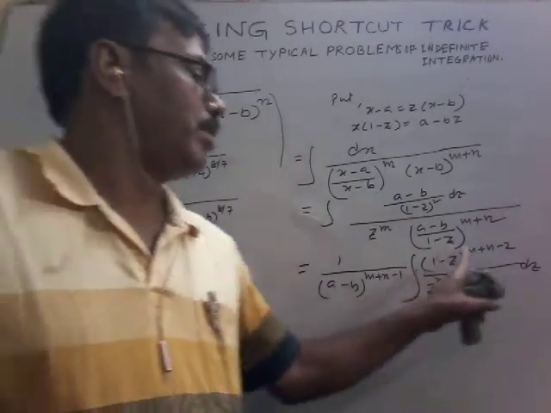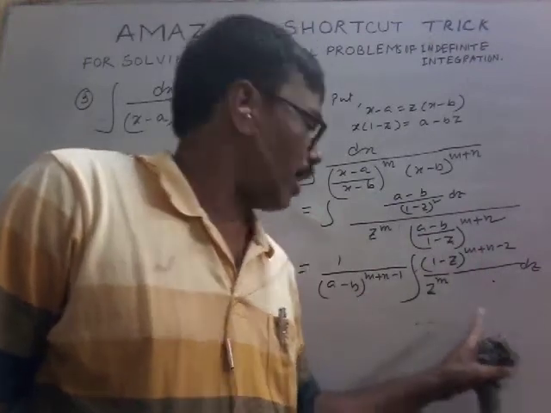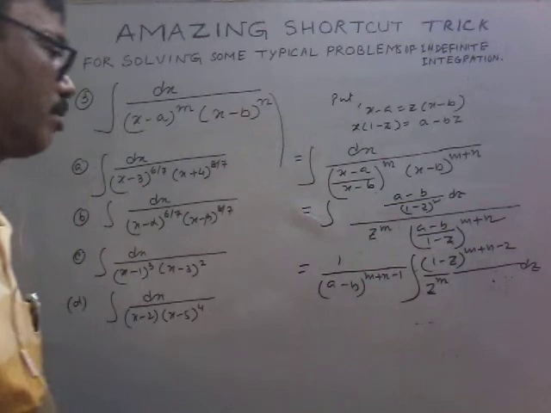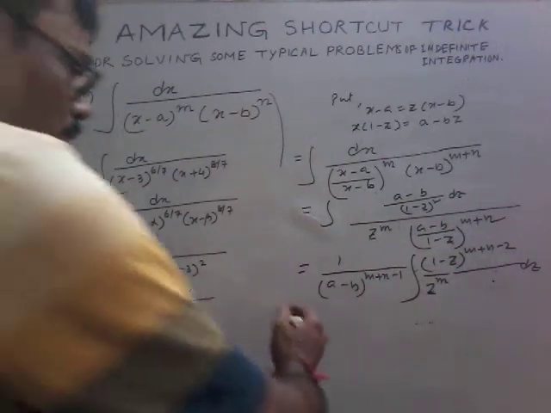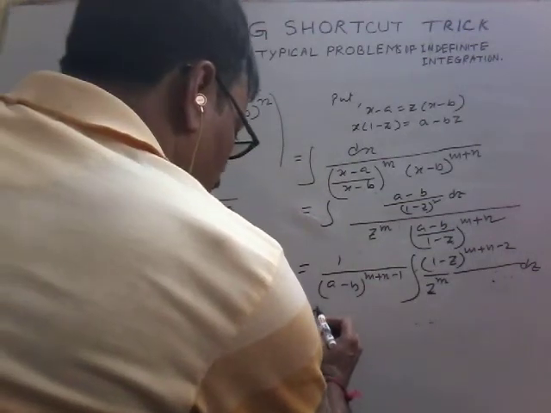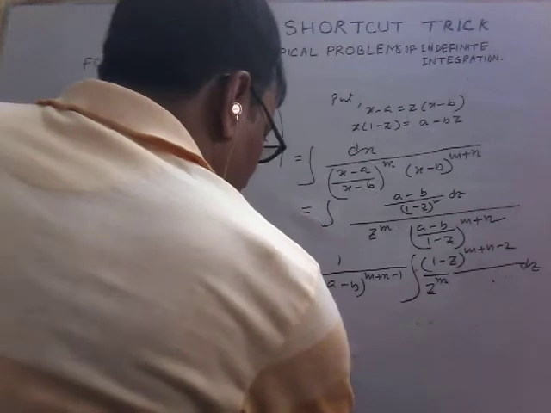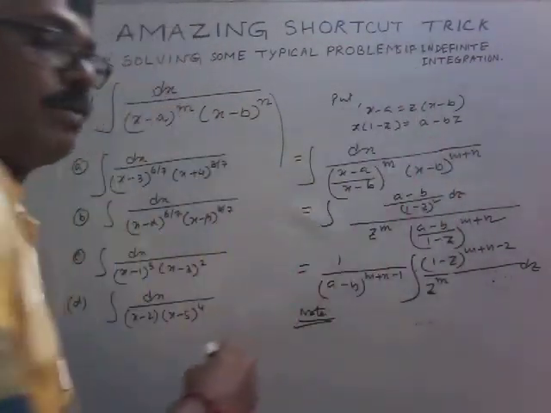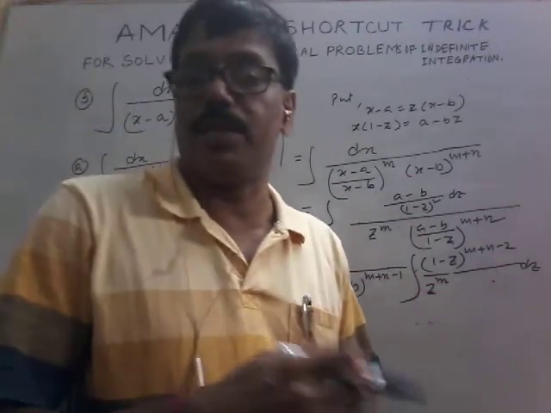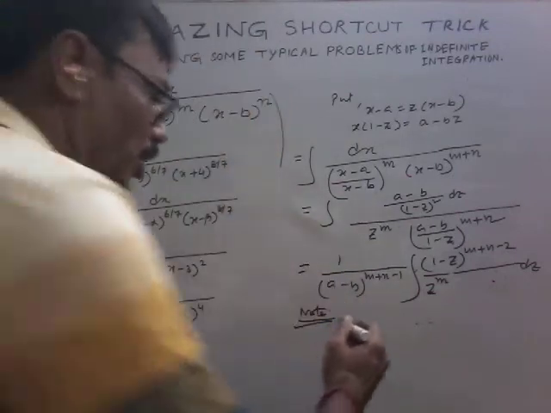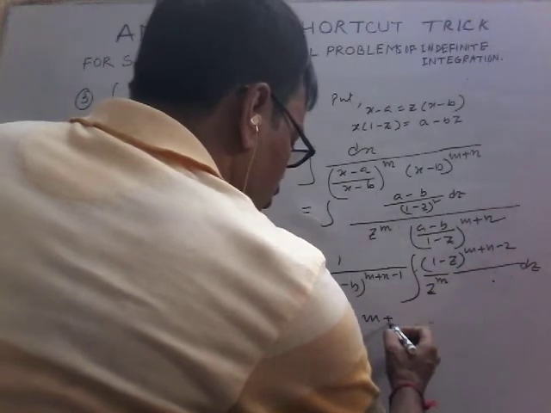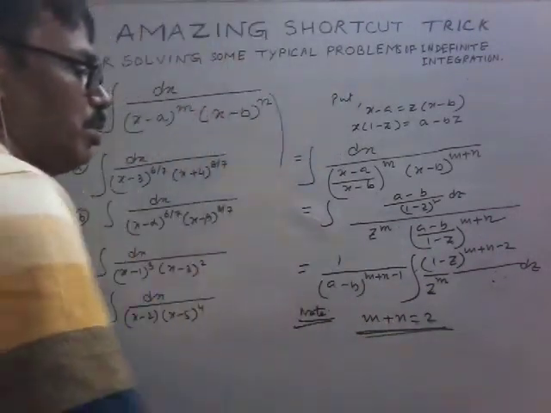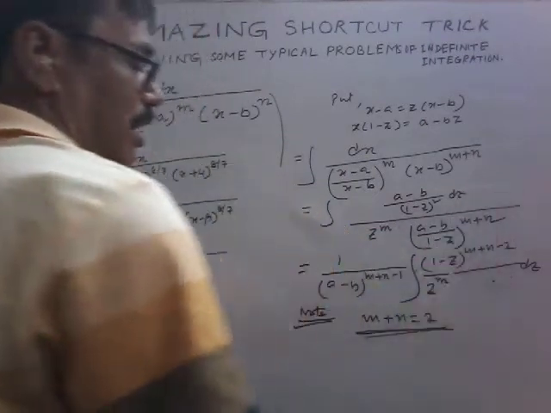If we know m and n, we can expand it, and dividing each term we get the value of the integration. Now look, note, in some competitive examinations, the powers m and n are given so that the sum is equal to 2. So when m plus n equals 2, this part is cancelled.